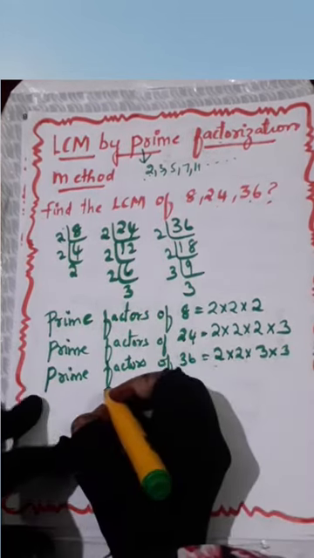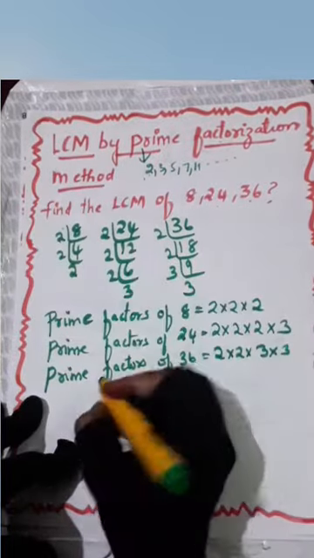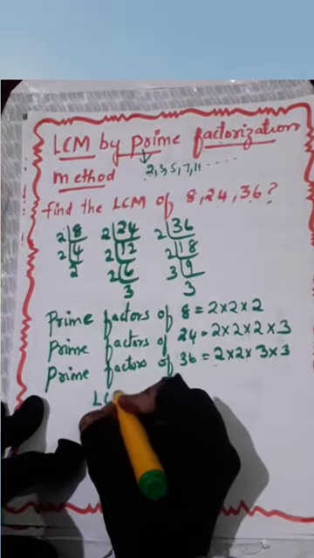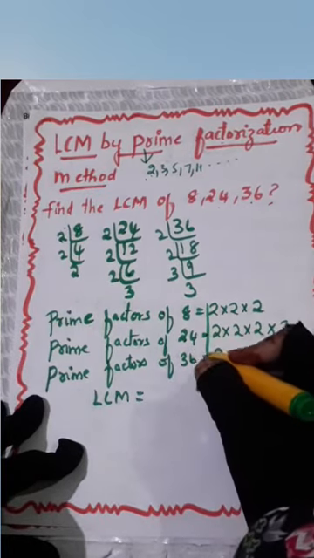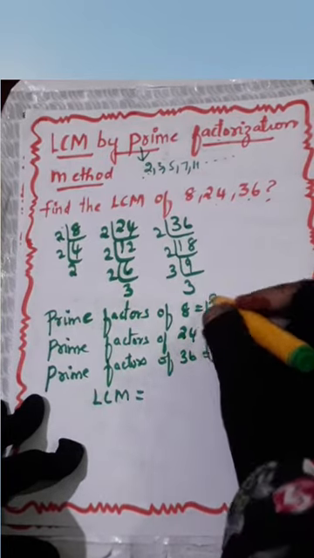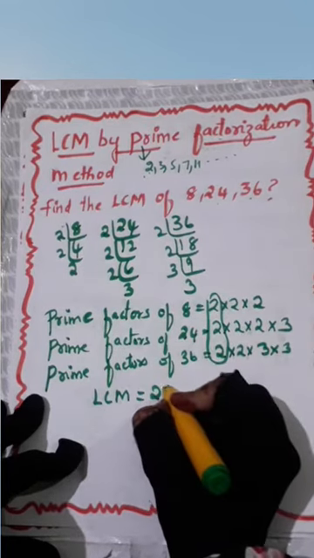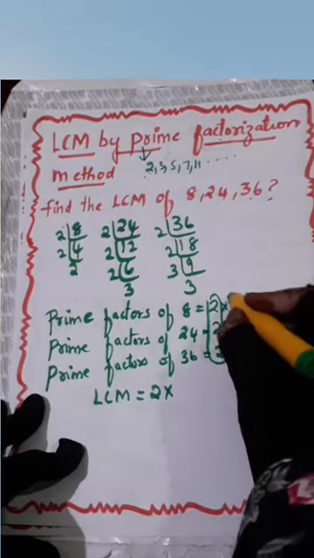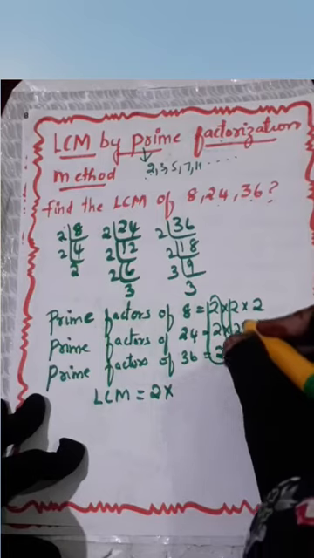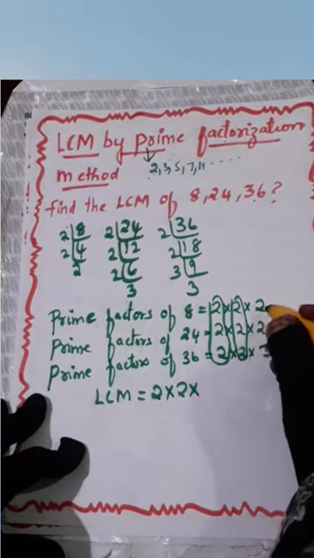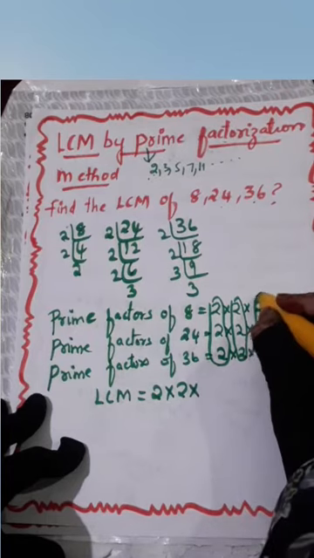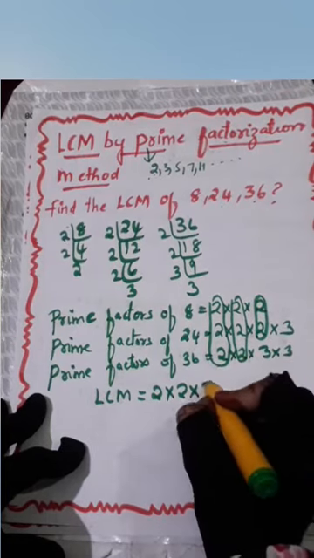Now we have to find the LCM, the lowest common multiple. Here 2 is common, so we take one 2 into, again one 2 is common, again we take one 2, and here it is also common, so for this also we take one 2.